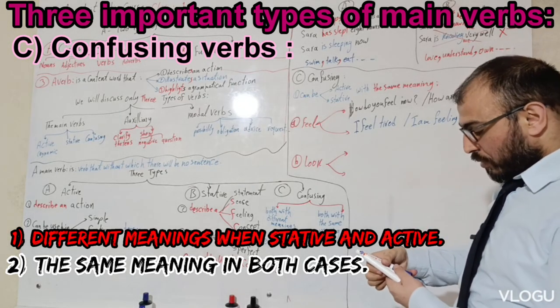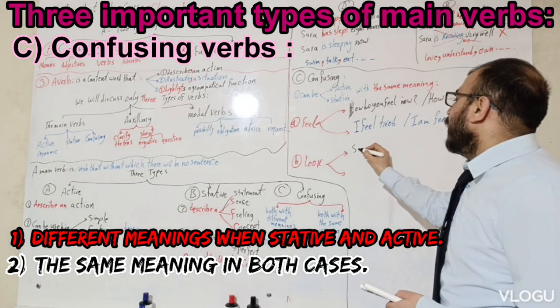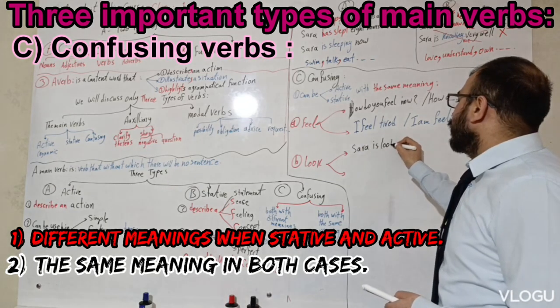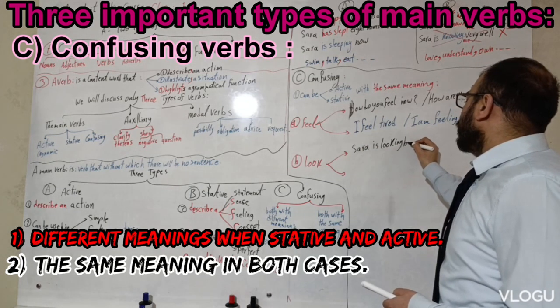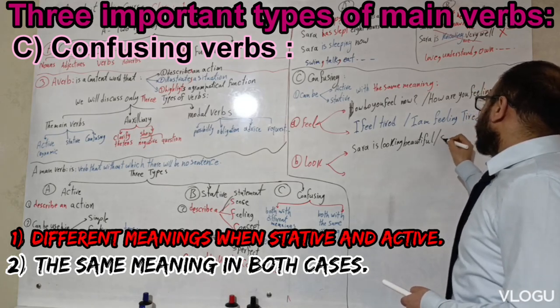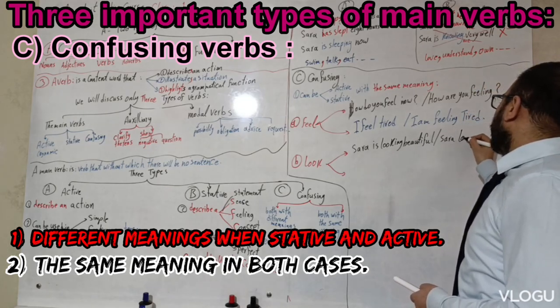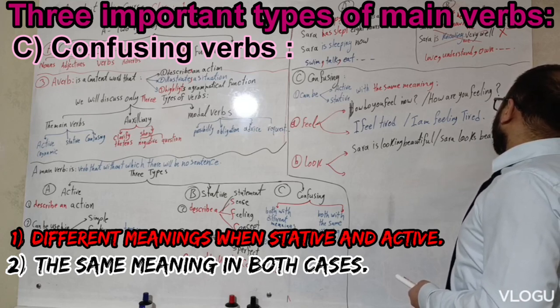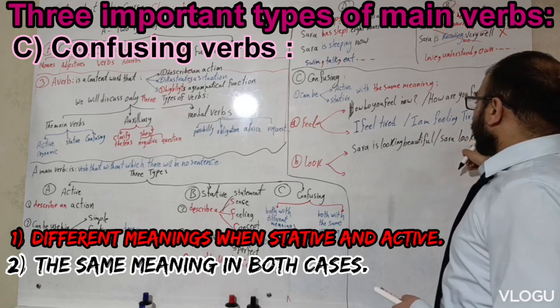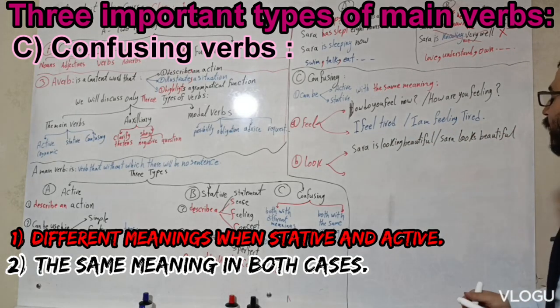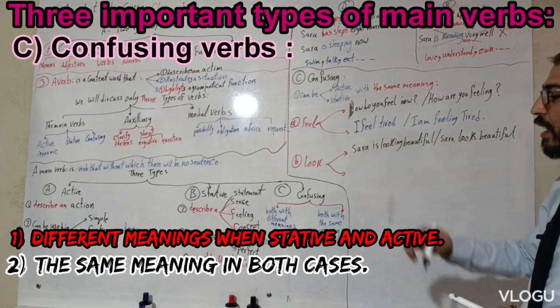And here, my friend, look. For example, we say Sarah is looking beautiful. Or we can say Sarah looks beautiful. And here, my friends, we can use the verb look in the continuous and the present simple sentence with the same meaning.